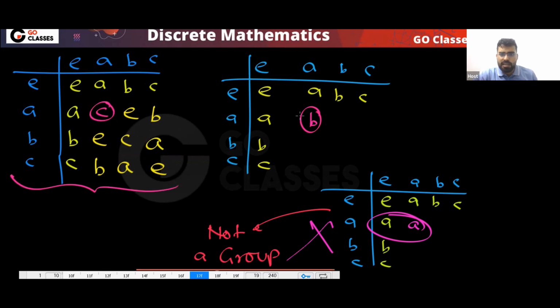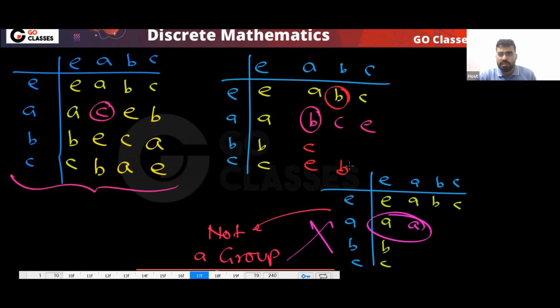Now, similarly, if I put B here, what will happen? I cannot put C here, so I have to put E. So it will be C. Now automatically, I cannot put C here, so I have to put E. Now you can notice this is CE.